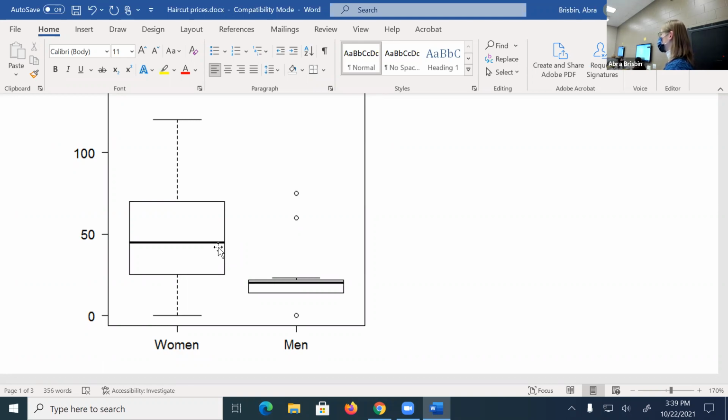What way of measuring the spread do we especially talk about when looking at box plots? The interquartile range, yeah. So that's the distance from the bottom of the box to the top of the box, and that's also much greater for women than for men.